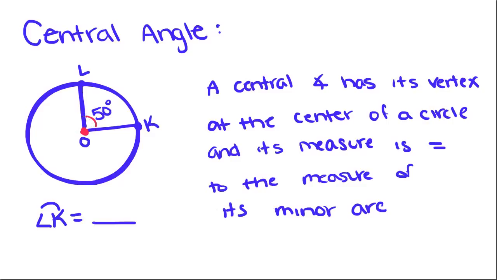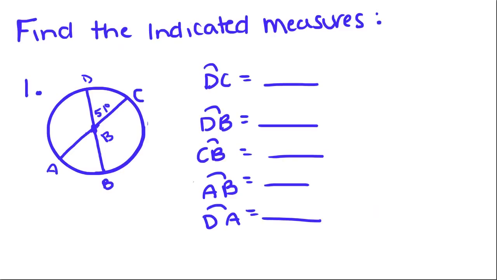So if this angle equals 50 degrees, then this arc right here, and it's a minor arc because it's less than half a rotation, so the measure of arc LK is 50 degrees. Now that only works with central angles, so don't try and use that principle for any other kind of angle, only a central angle.